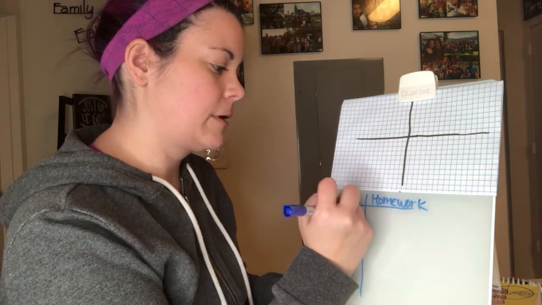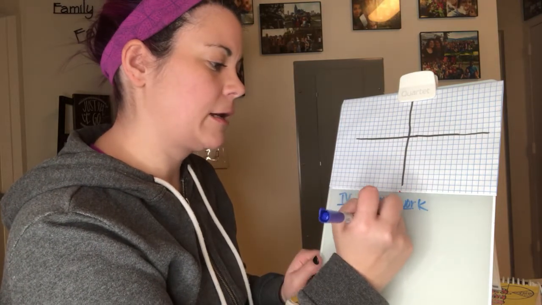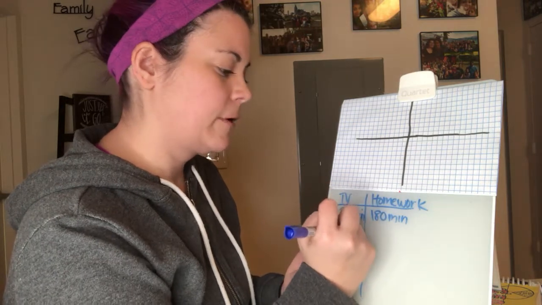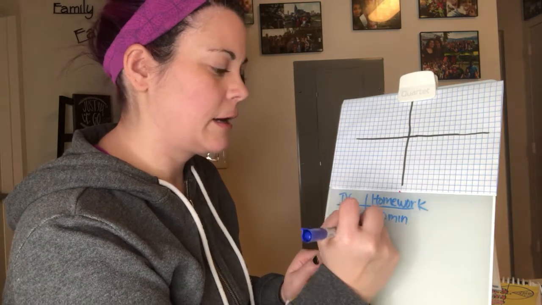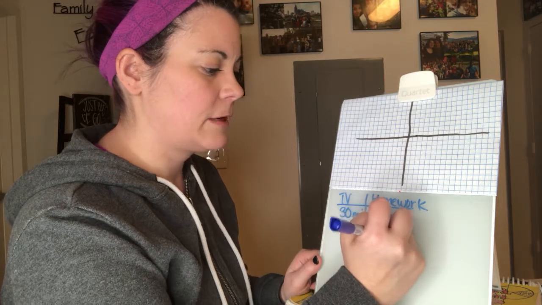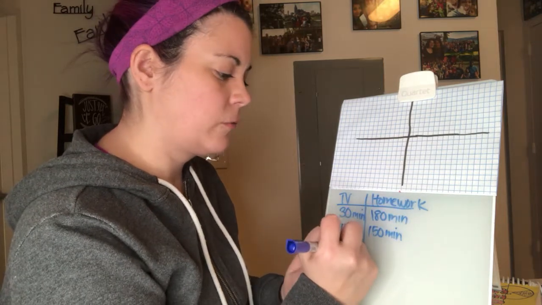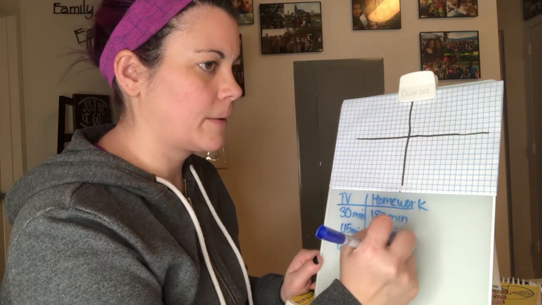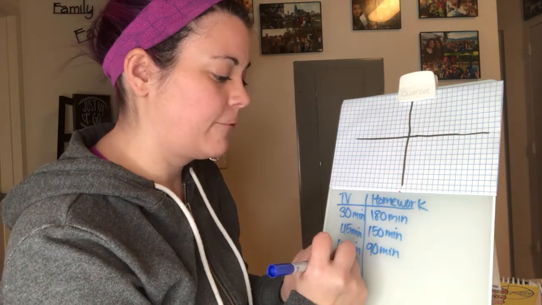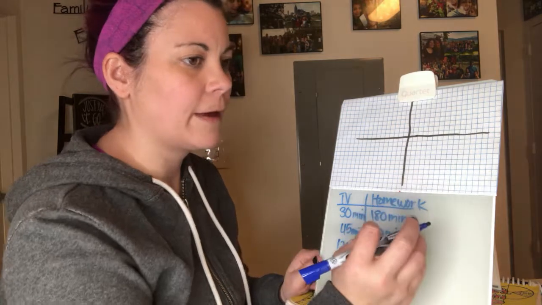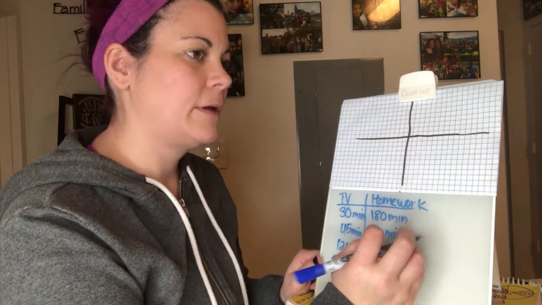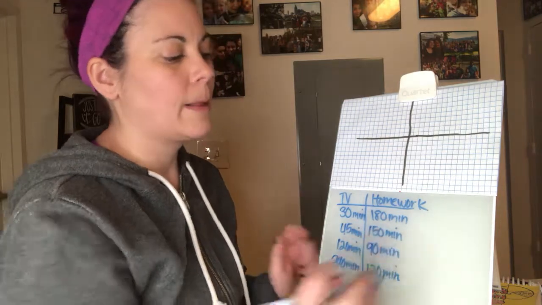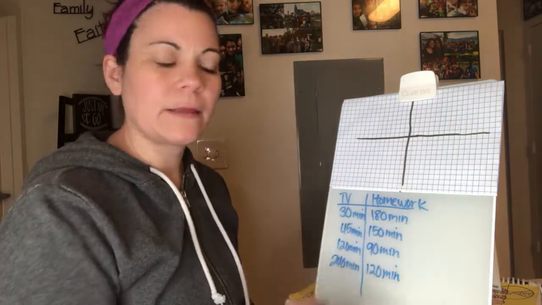Okay, so 30 minutes of TV, 180 minutes of homework. 45 minutes of TV, 150 minutes of homework. 120 minutes of TV, 90 minutes of homework. 240 minutes of TV is 120 minutes of homework. So this is just some data.